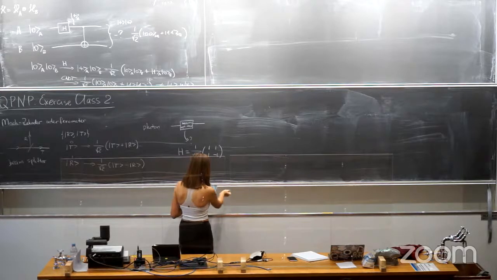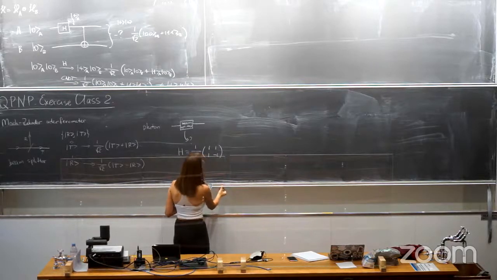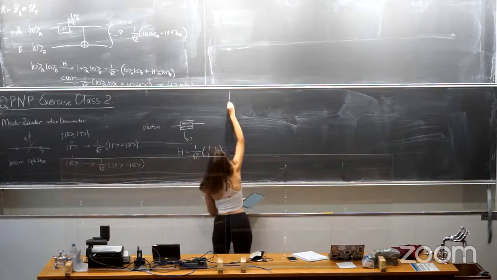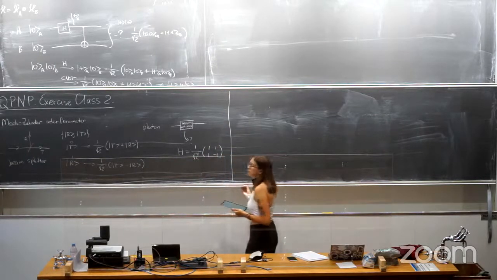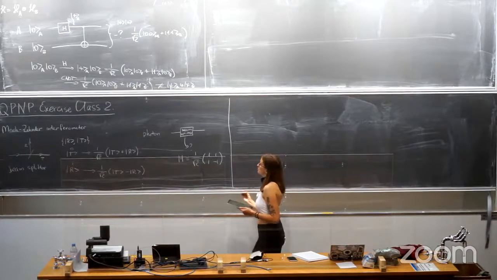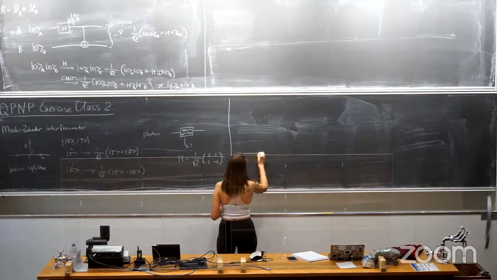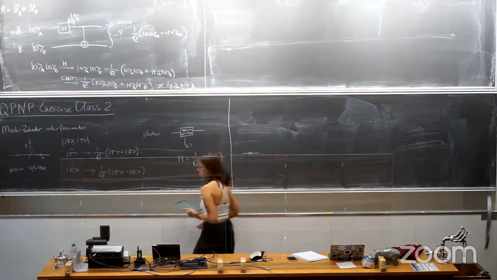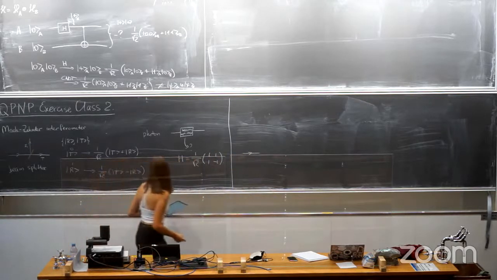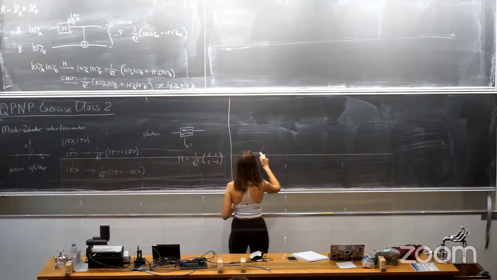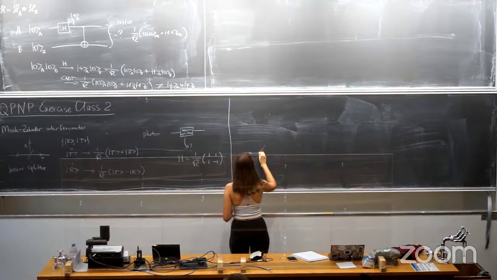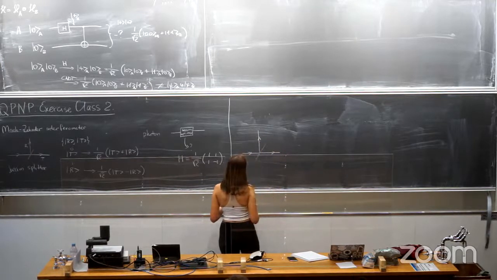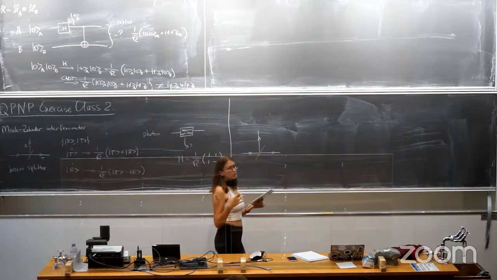So let us maybe come to the interferometer itself. Now let us take two beam splitters. So we have the incoming beam, then we have the first beam splitter, and we have two beams, which are transmitted and reflected, and then we want to join them together back.